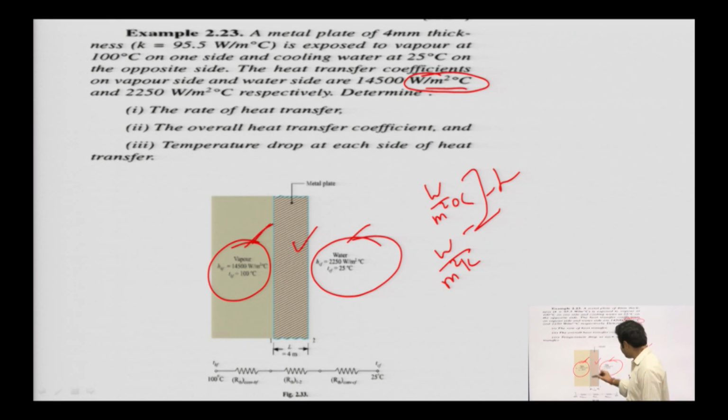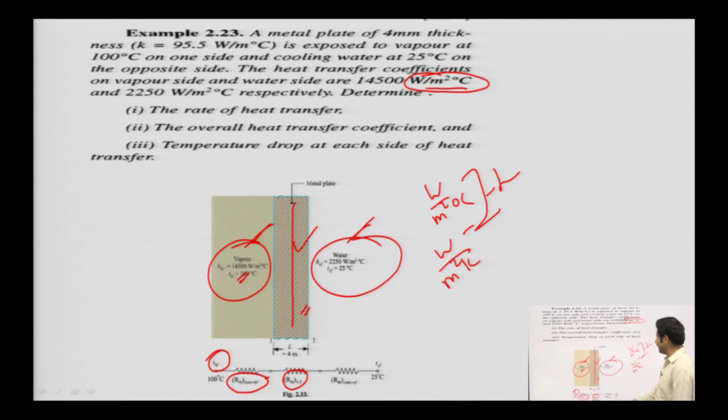This is vapor, this is water, and this is the metallic plate, sandwiched between the vapor side and the water side. To make the analogous thermal resistance circuit, you need to know that this is h of the vapor side, so it will be the convection thermal resistance of the vapor side, then the resistance of the material, the metal plate, and then the convection thermal resistance of the water side.